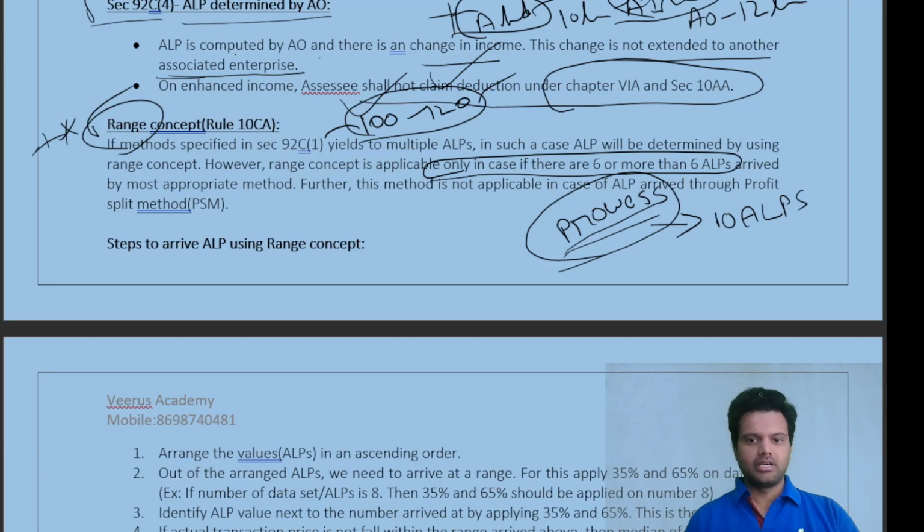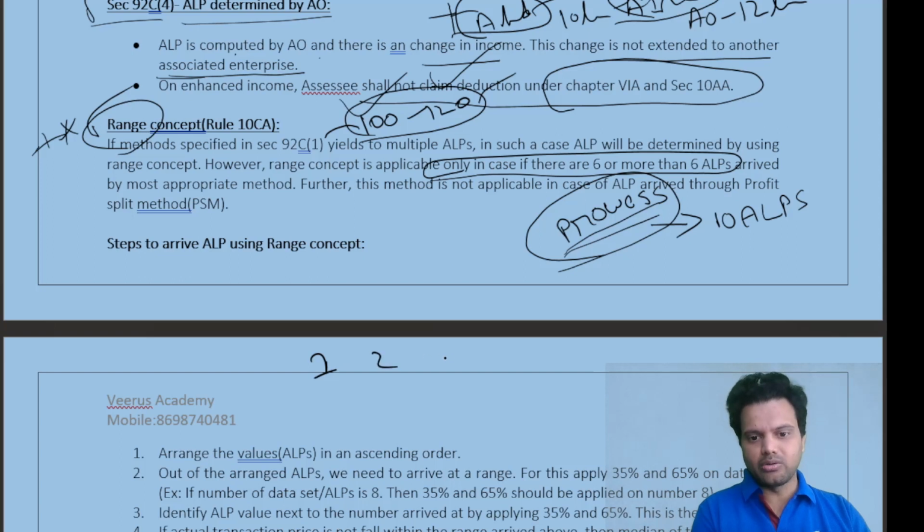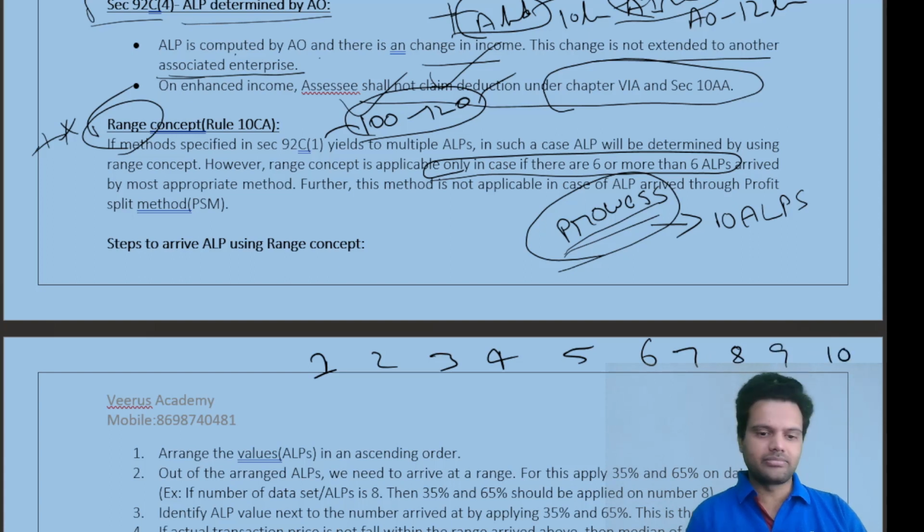Okay. Now we will see the steps to arrive at ALP using this concept of range. So how do we arrive? For example, if I have 10 ALPs, let me write it down here. 1, 2, 3, 4, 5, 6, 7, 8, 9, 10. For example, these are my data sets.